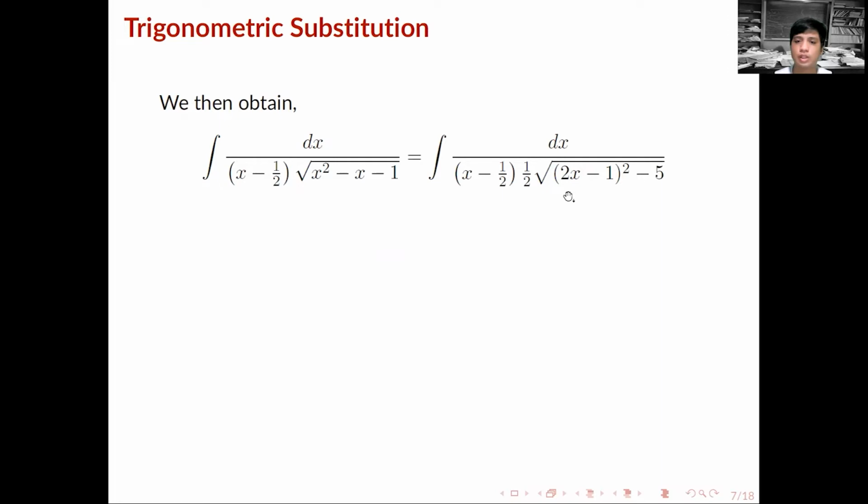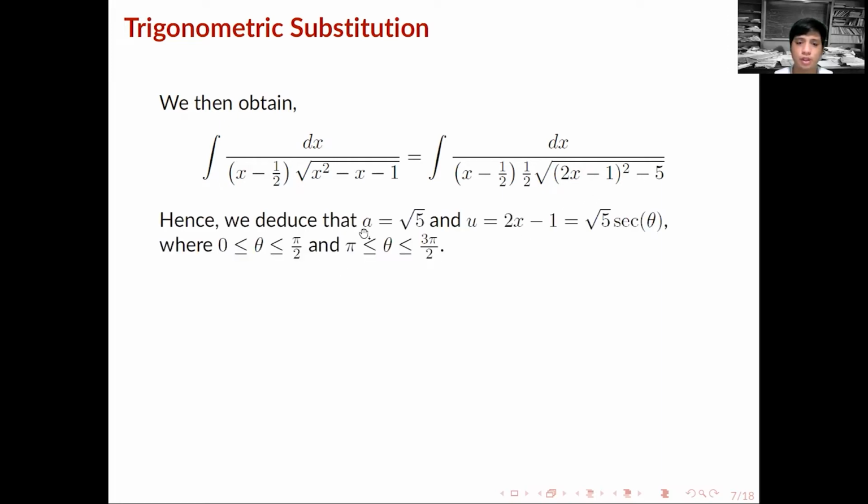And from that, we can draw some connections and deduce that a is equal to square root of 5 and u is equal to 2x minus 1, which is also equal to square root of 5 secant theta, where the values of theta satisfy these inequalities. Next step is we'll find an expression to substitute for x minus 1/2.